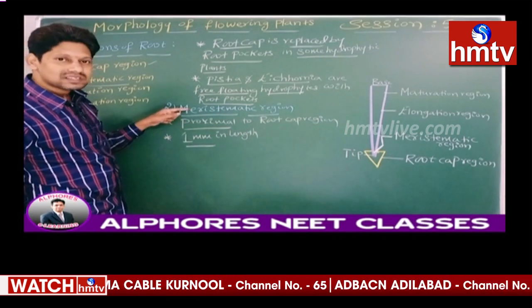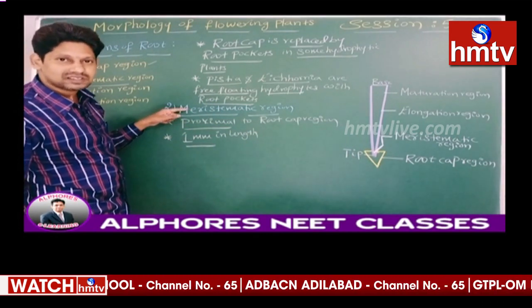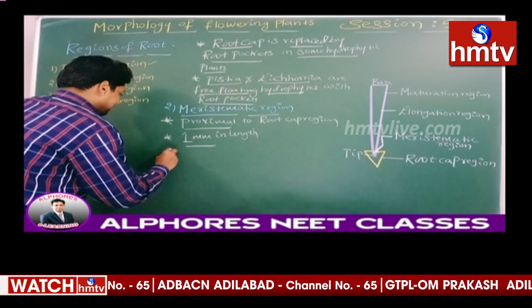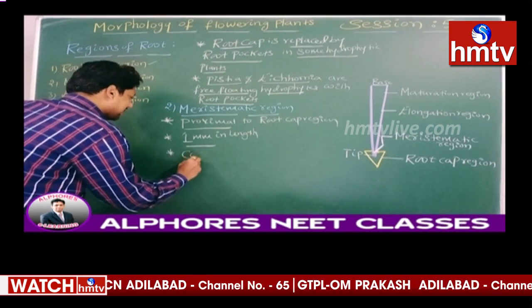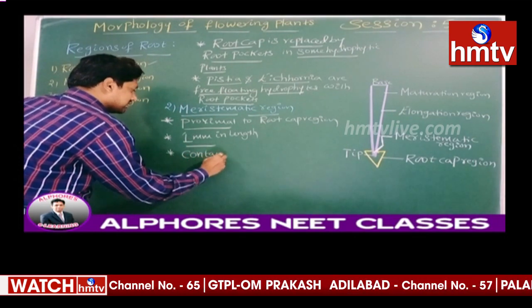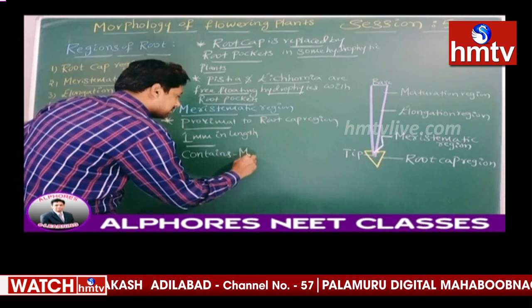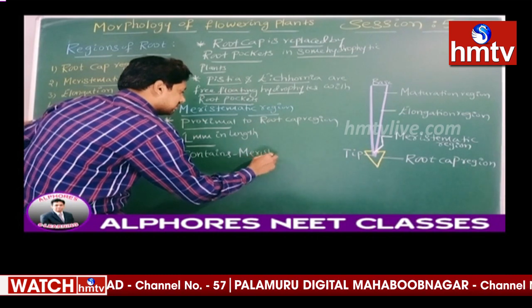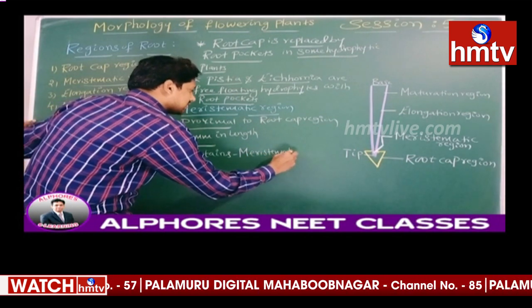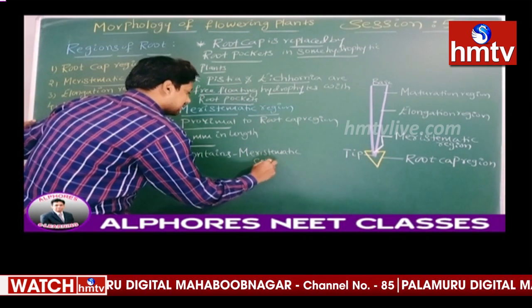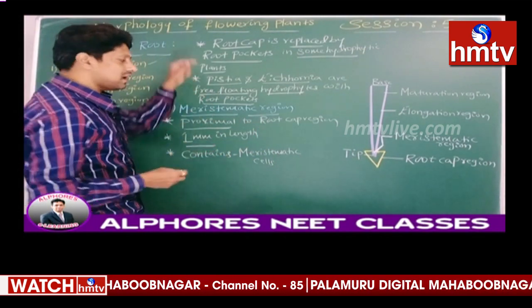In this meristematic region, which cells are present? Meristematic cells are present. How are these meristematic cells?